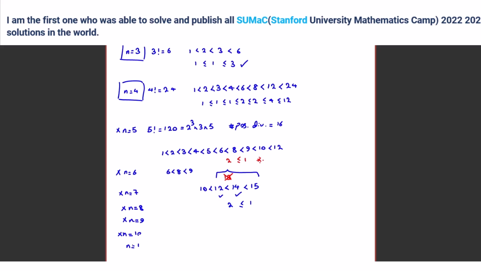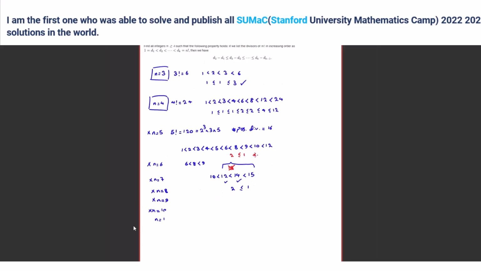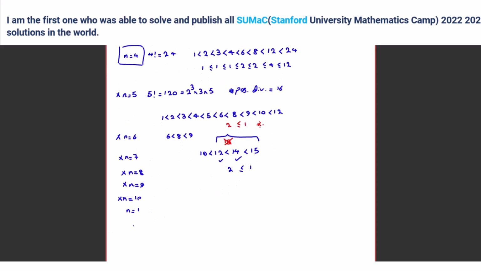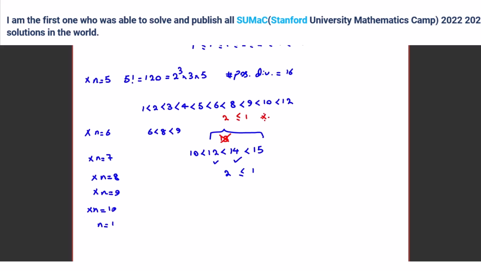Oh, yeah, 13 then. Until which number can we reject? Until n = 12. Yes. Because 12 is a divisor, 14 is a divisor, 15 is a divisor, but 13 is not.